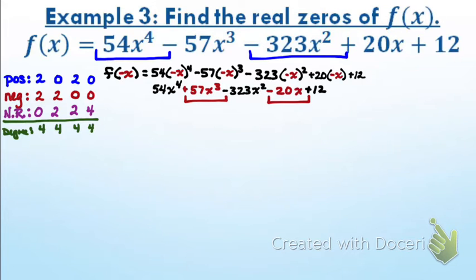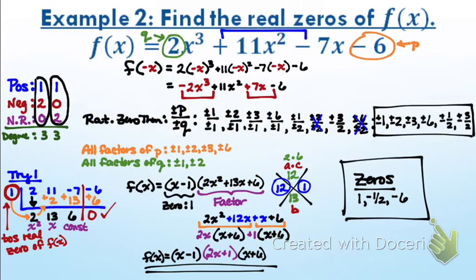So if I say I have 2 or 0 positives, and then I say I have 2 or 0 negatives, it's very similar to when we're looking at this, where I have to take each of these and match it with this, so that I can make those fractions.